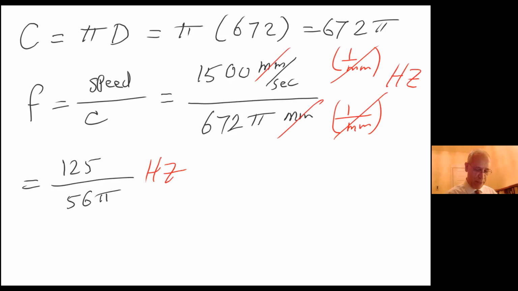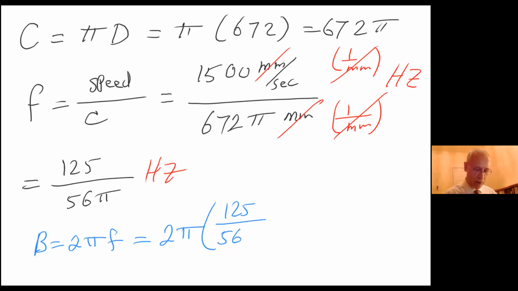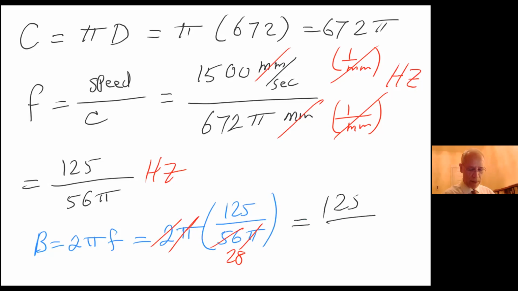But what is my B? Now I can claim that B equals 2 pi times frequency. So 2 pi times 125 over 56 pi. I can cancel pi, cancel the 56 with 2, gives me 28. So B equals 125 over 28.